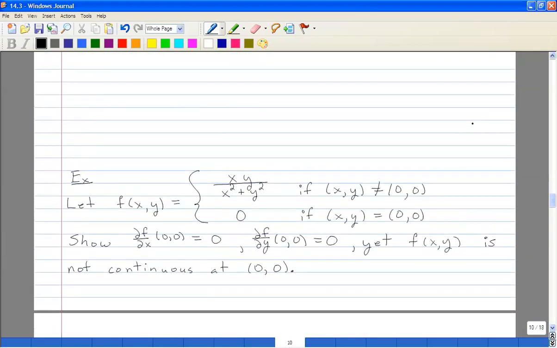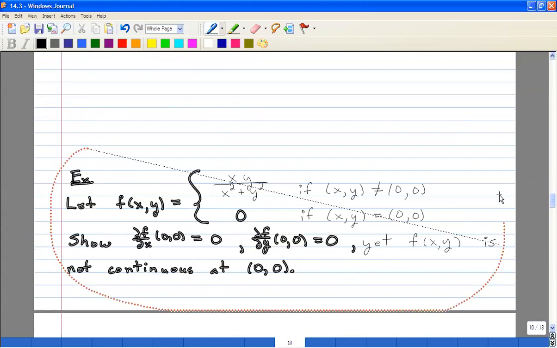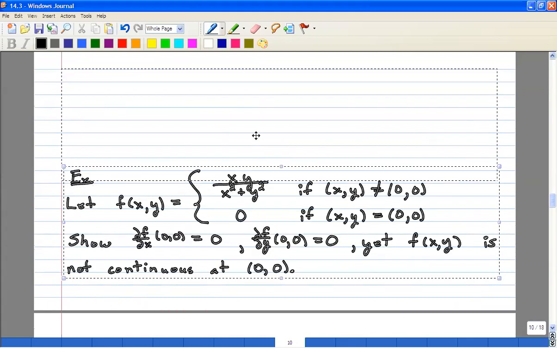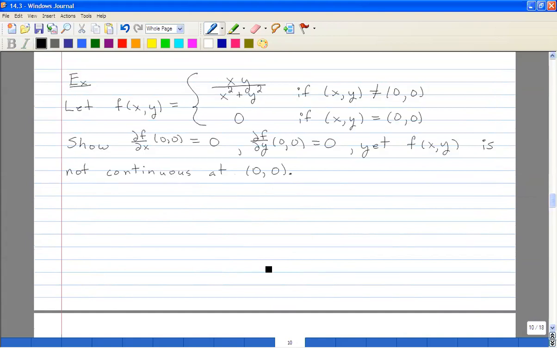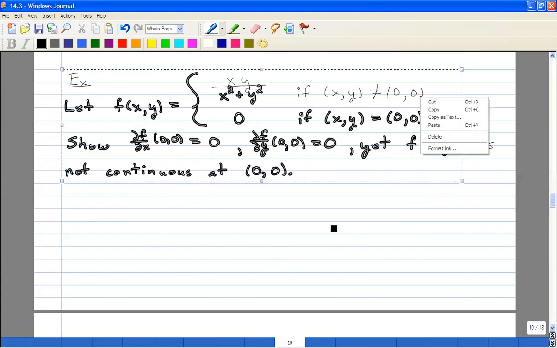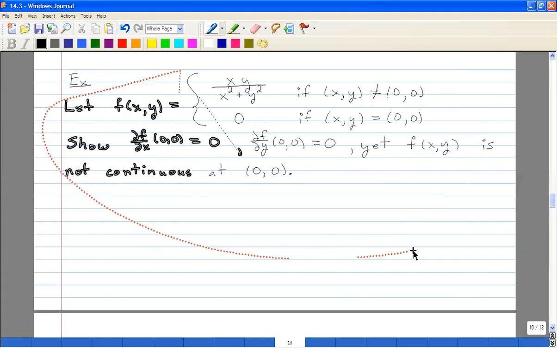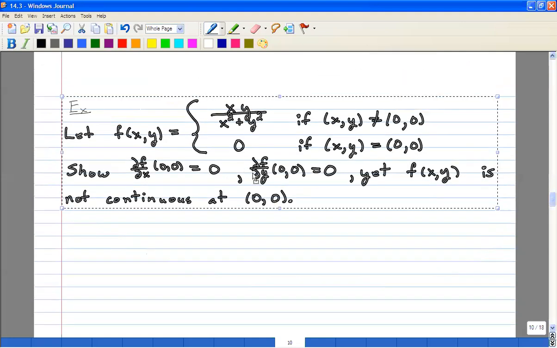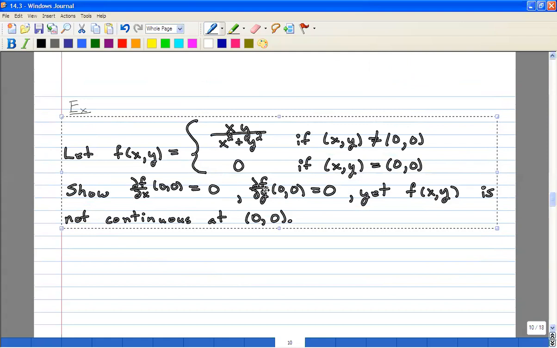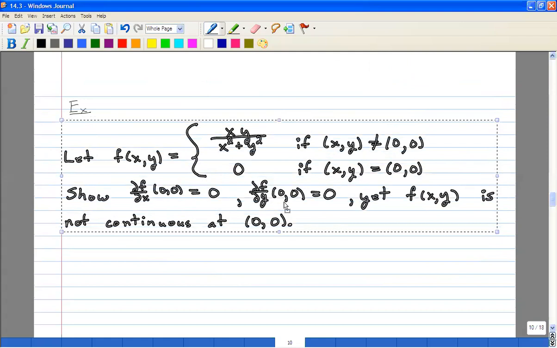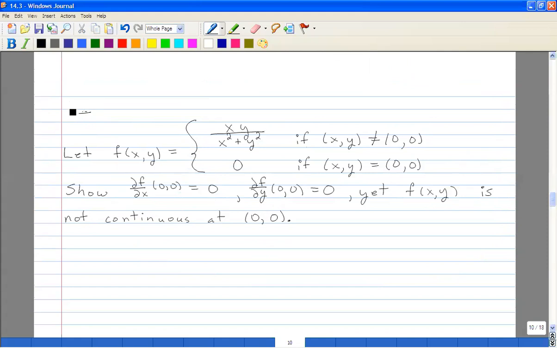Let's do the following example. Let f of x, y equal this piecewise defined function.